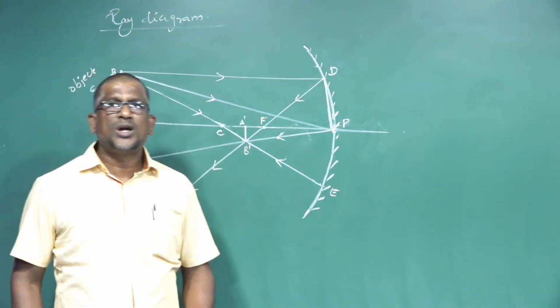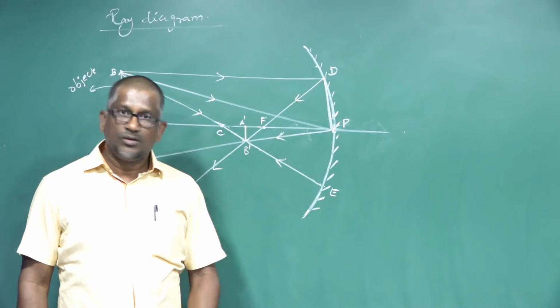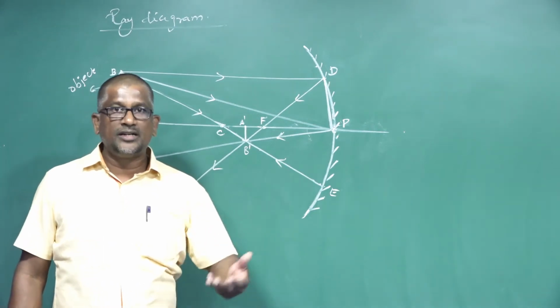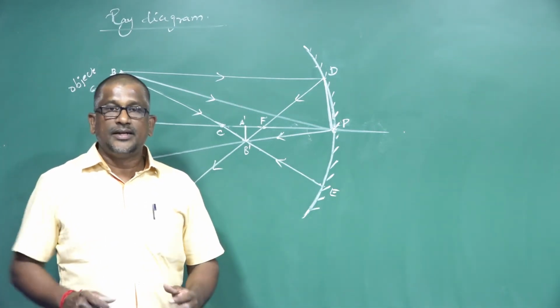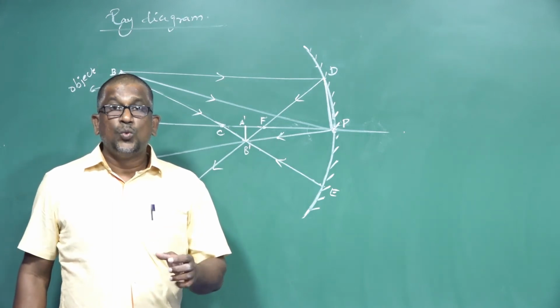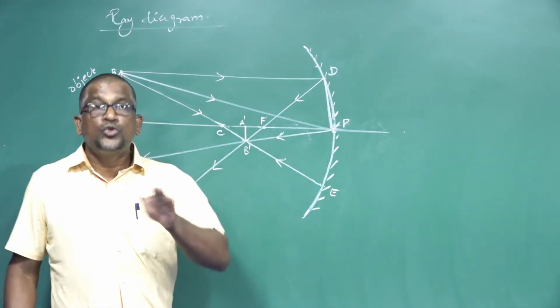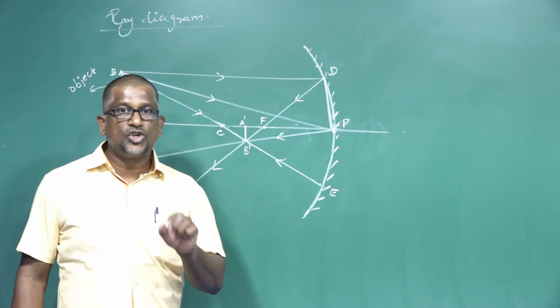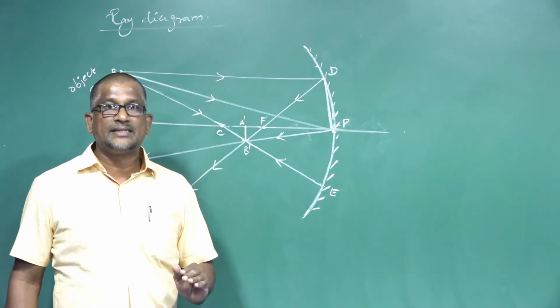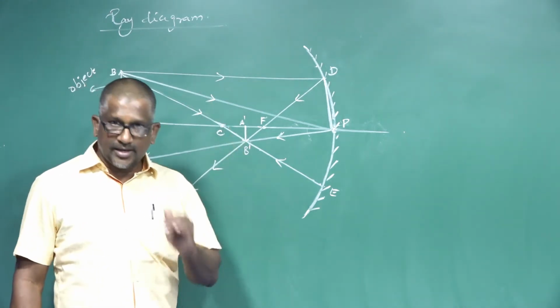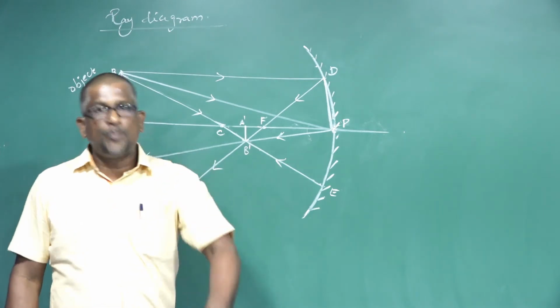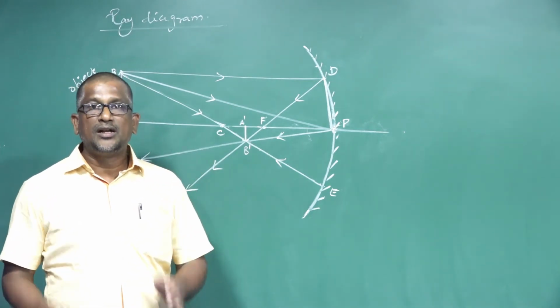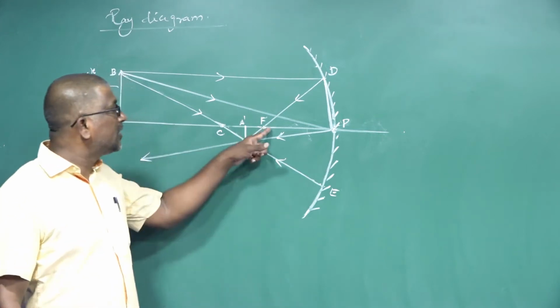What are paraxial rays? Already you learnt in the previous class. They are the rays which are traveling close to the principal axis and are incident on a given spherical mirror close to the pole, and make a small angle with the principal axis.